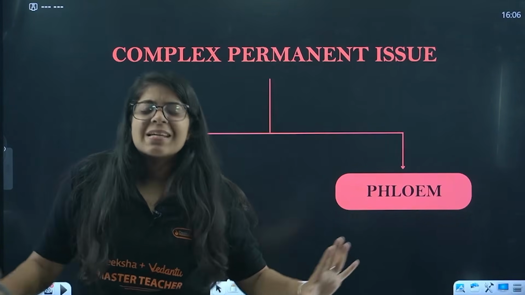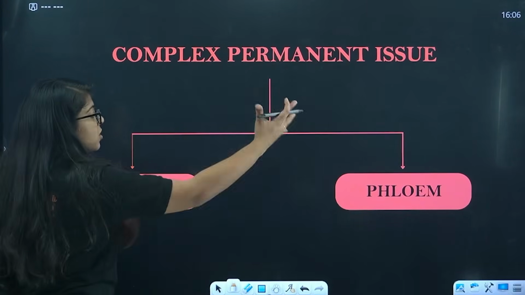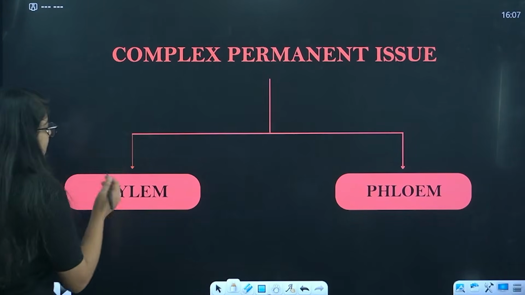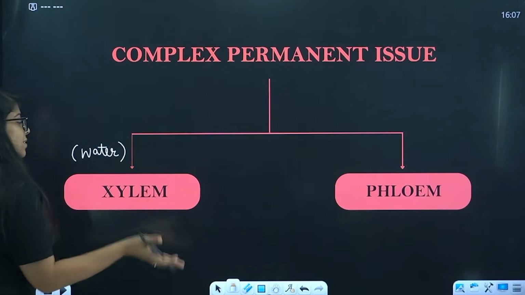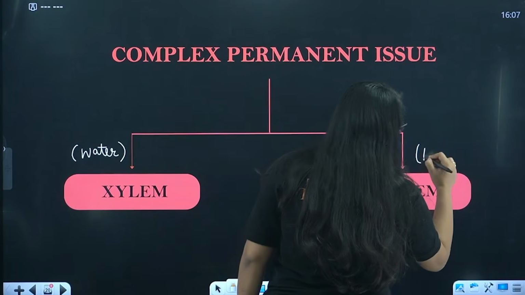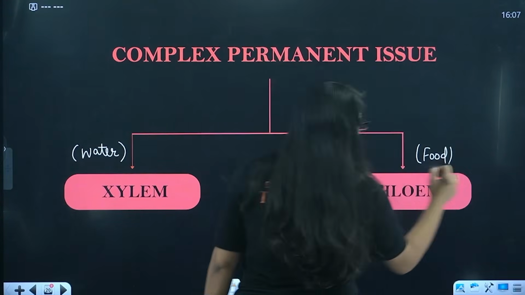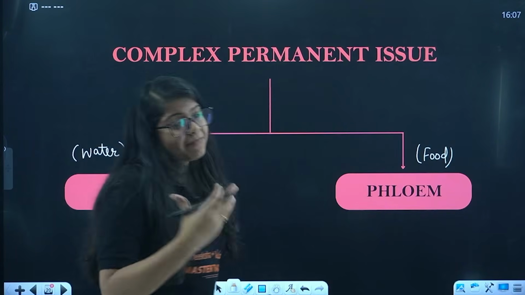The basic thing is that it transports things. Xylem transports water from roots to the stem to the leaves, and phloem transports food. The F sound of phloem you can relate to the F sound of food.